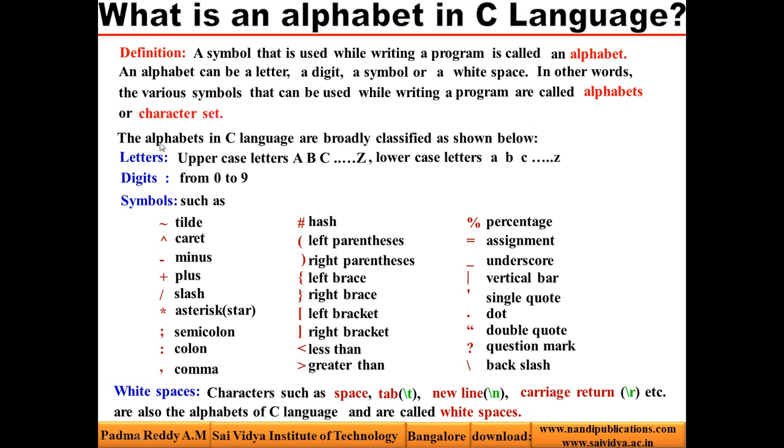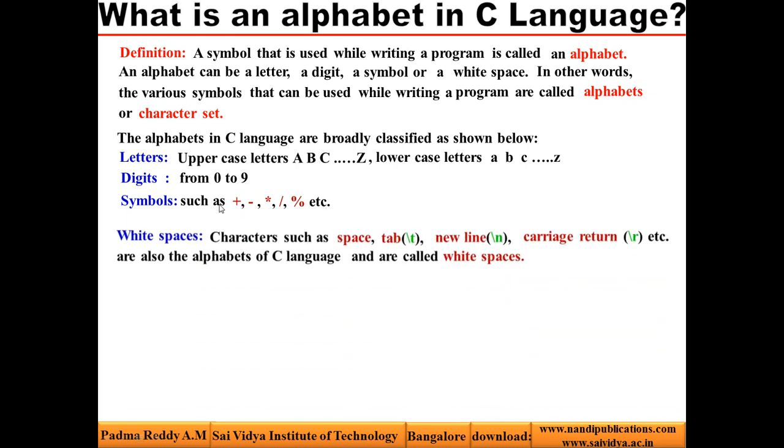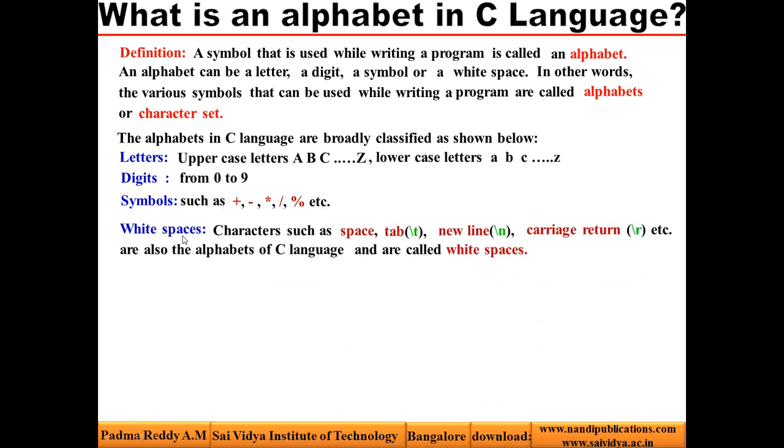So the alphabets in C language are broadly classified as shown below. First we see letters and then digits, then symbols such as plus, minus, star, slash, percentage, etc. And finally white spaces.